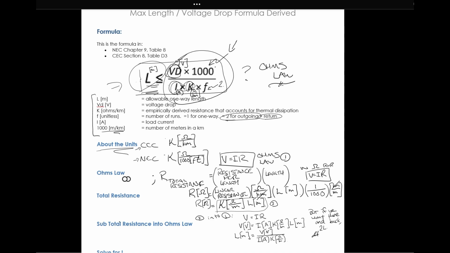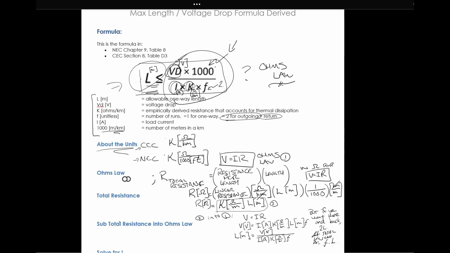So let total length be F times L. So really, I should have had F times L here. I'm going to multiply that by factor F. Now, factor F is over here, but I want to isolate L, so factor F has to go in the denominator over here. So now I have I, K, and F.